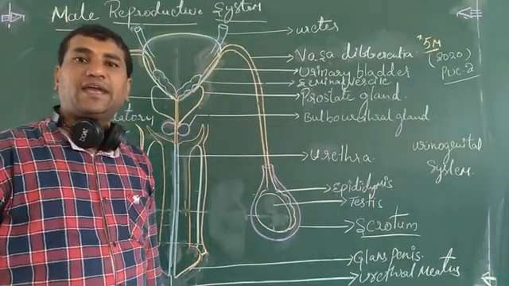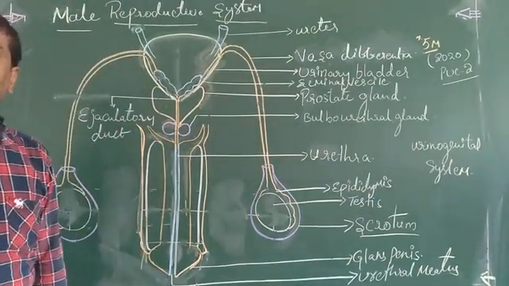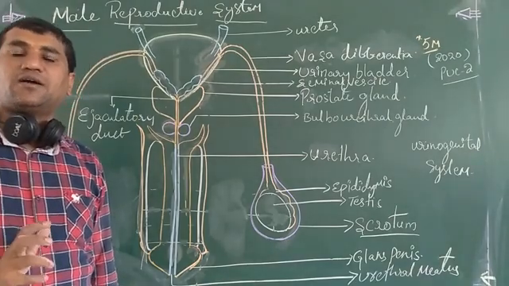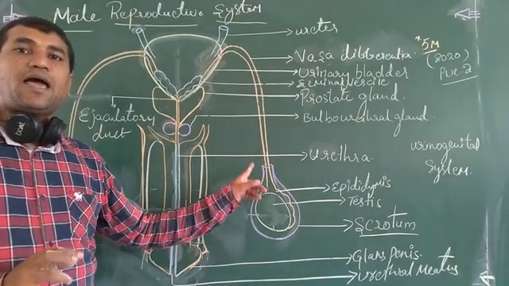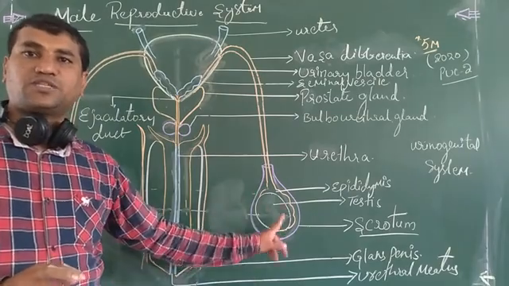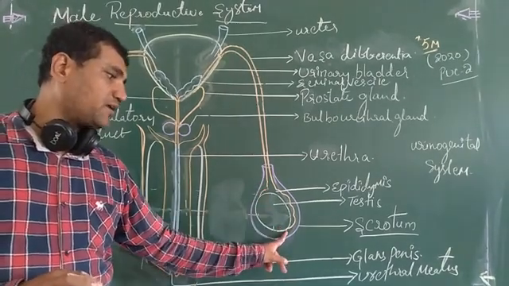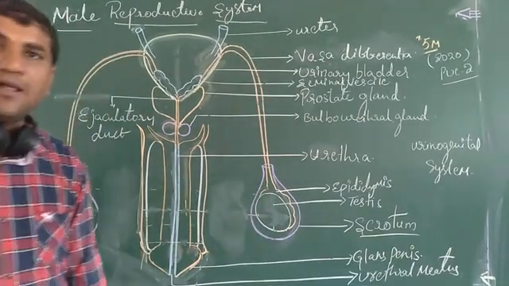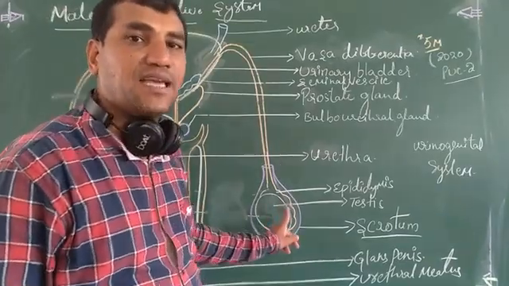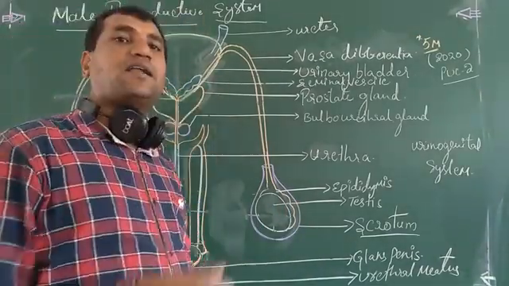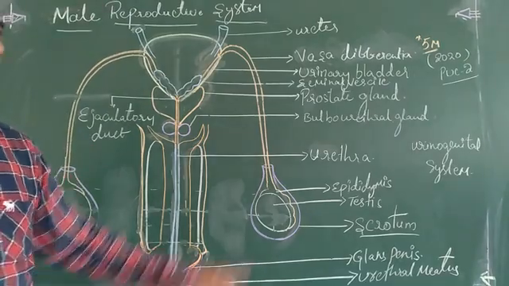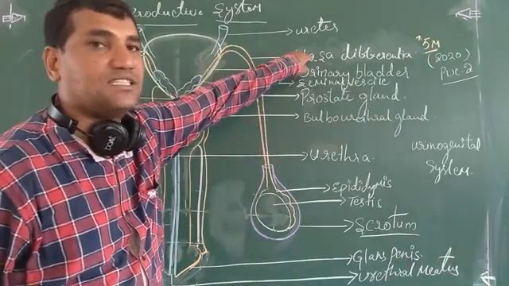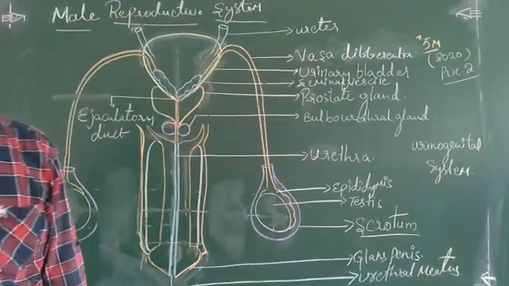Here, the epididymis is a highly coiled structure from the anterior to posterior position, and this epididymis is connected to a tube called the vas deferens.